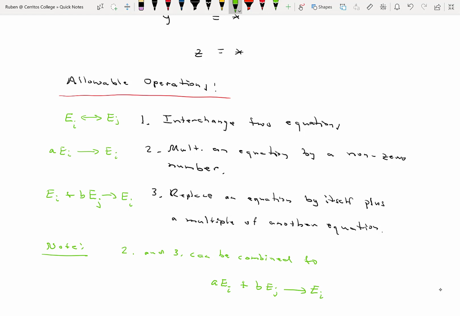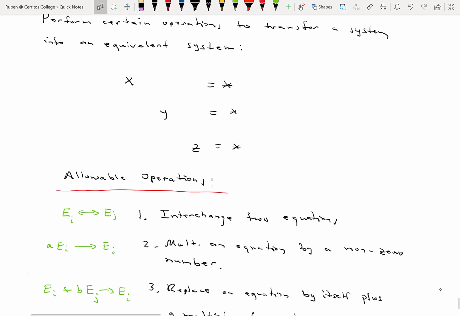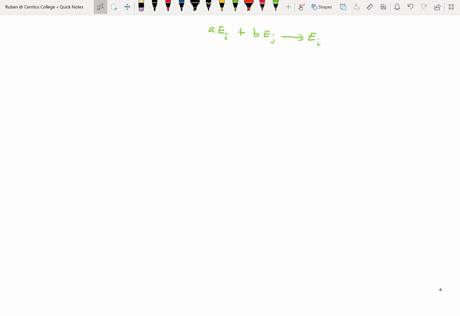Remember, the idea with the Gauss-Jordan elimination method is to somehow get x, y, and z in this sort of diagonal arrangement of variables to reveal the solution to us. Let's apply this. Let's solve a system. So let's solve the system that I've written out for us with the variables x, y, and z.